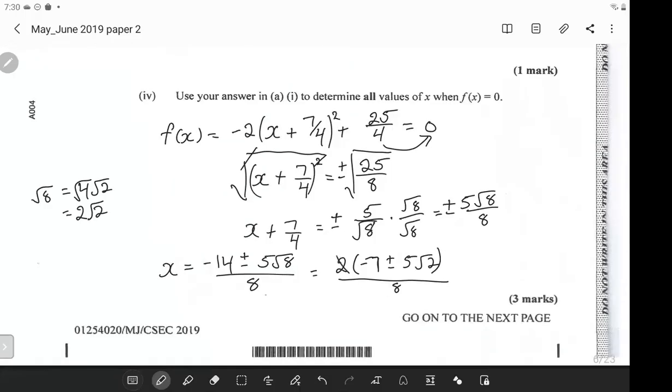Simplifying, we get negative 7 plus or minus 5√2 over 4. And that's your answer. If you use the quadratic formula, you should be able to get this.